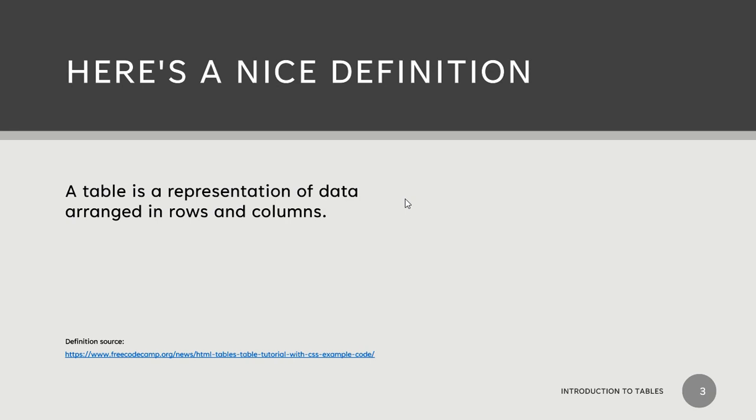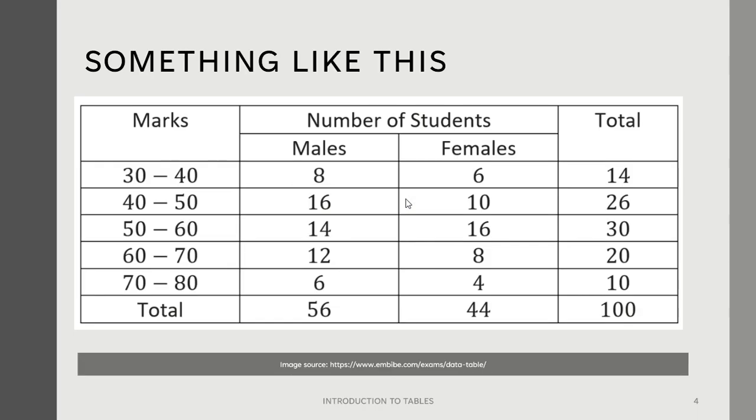And here is a little definition. A table is a representation of data arranged in rows and columns. Tables are used to present data or information in a neat way. We are talking about something like this. This qualifies as a table, a data table.